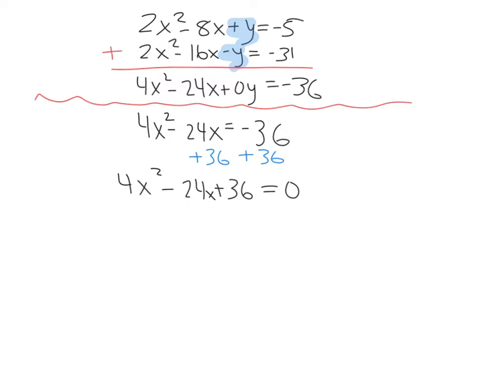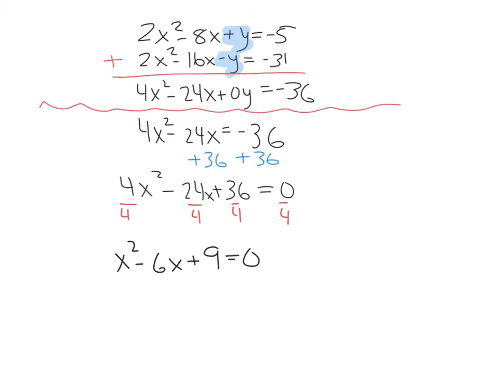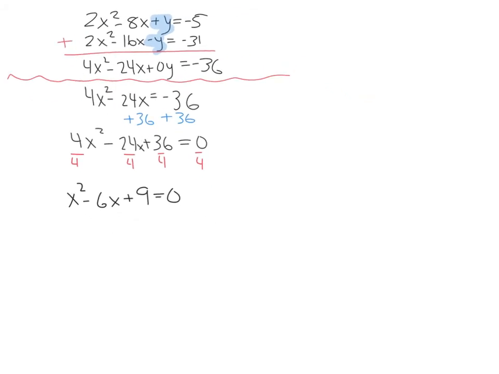So let's go ahead and try to do the AC method on this because I see an A, B, and C value. But I think I could divide everything by a 4 to make my life a little bit easier. So let's divide everything by 4. And so now this is going to give me an x squared minus 6x, and then plus 9 is equal to 0. Now, if you're familiar with the AC method, you'll remember that we're doing a times c, which in this scenario is 9.